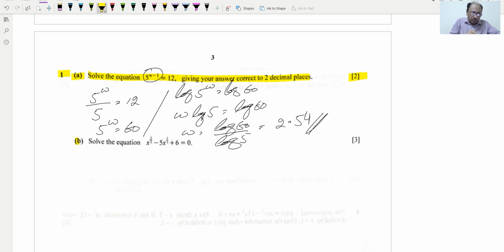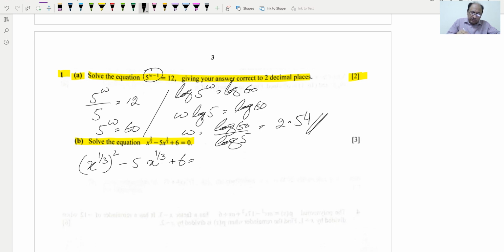And B part says solve the equation. We can rewrite x^(2/3) as (x^(1/3))^2, minus 5x^(1/3) plus 6 is equal to 0.